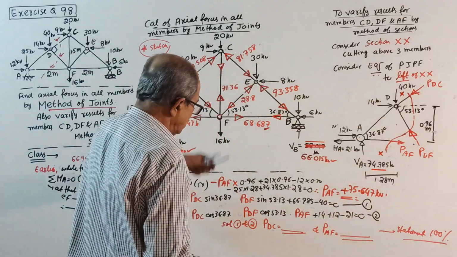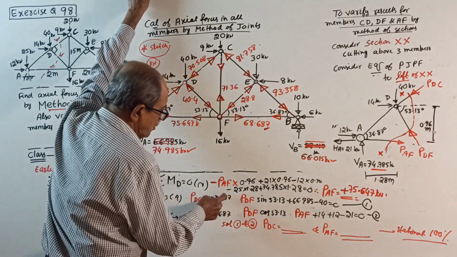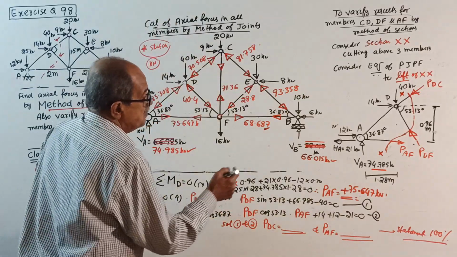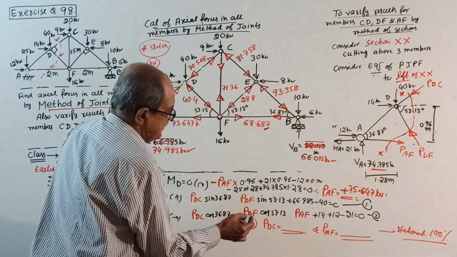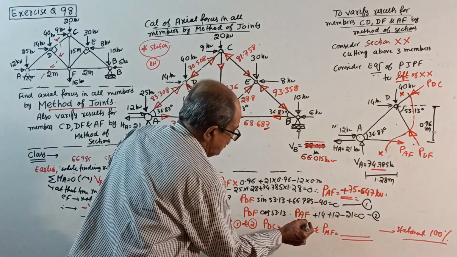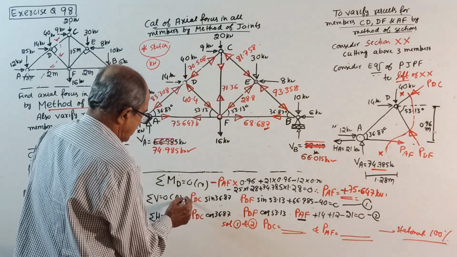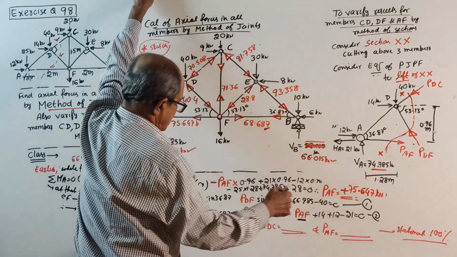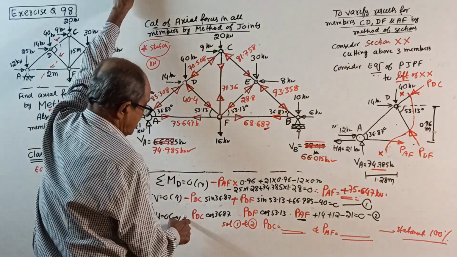Solving 1 and 2. Someone will tell, sir, how you can solve 1 and 2 when there are 2 unknowns here, 3 unknowns here? No. By this time, see, your PAF is known. See, PAF is known. So, sigma V0 means I now put a sign here. Minus PDC sin plus PDF sin. That's on here.